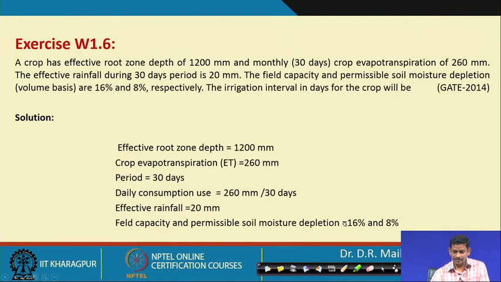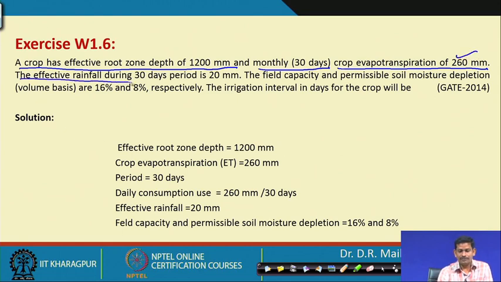Okay. So, this is the last example of this tutorial. In this example a crop has an effective root zone depth of 1200 mm and a monthly, 30 days, crop evapotranspiration of 260 mm.